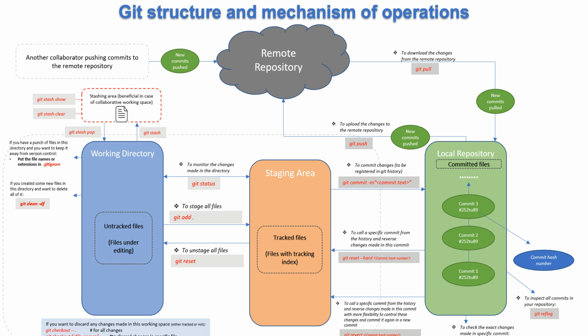So in this case we are using stash commands, like git stash or git stash pop, to move the modifications from your working directory to this backup space, or the stashing area.